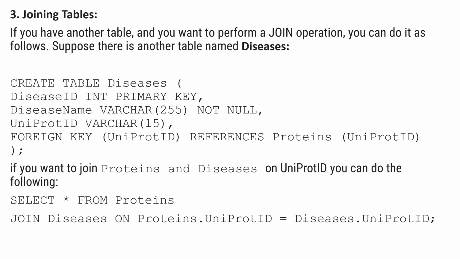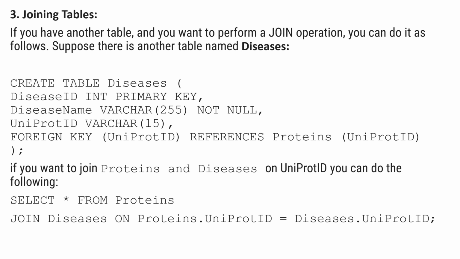Now if you want to join the proteins and diseases tables, we already have a proteins table, and this newly created diseases table can be joined to the proteins table.